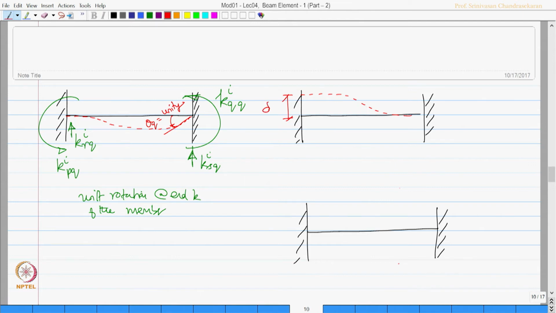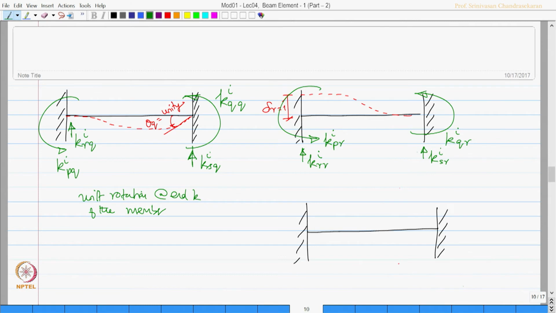So, this is going to be unity. So, this will impose moment which will be K P R I, which will be K Q R I, and this will be K R R I, and this will be K S R I.